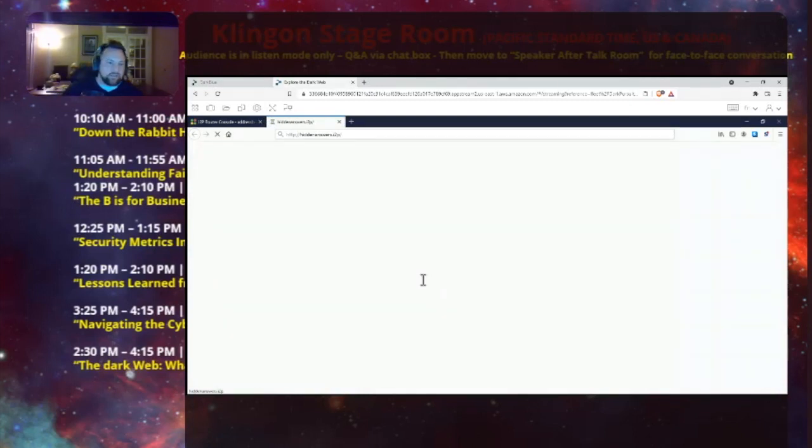If I'm not talking and nothing's loading, I am purposely doing that so you can see the user experience in I2P as it compares to Tor. When I hit that button and selected to open up Hidden Answers, it used one of my pre-built outbound tunnels to send that request out through the I2P network.